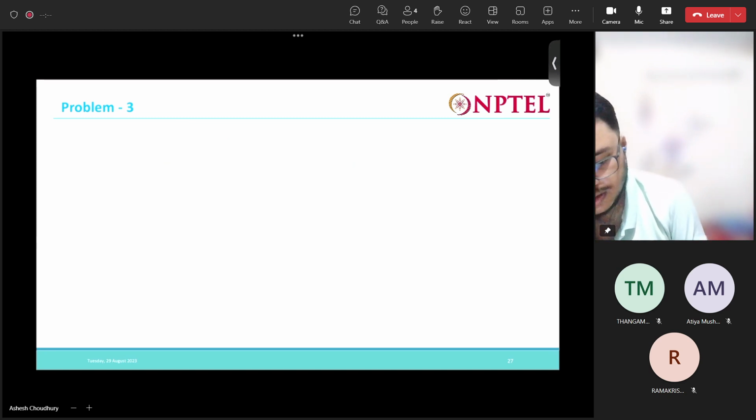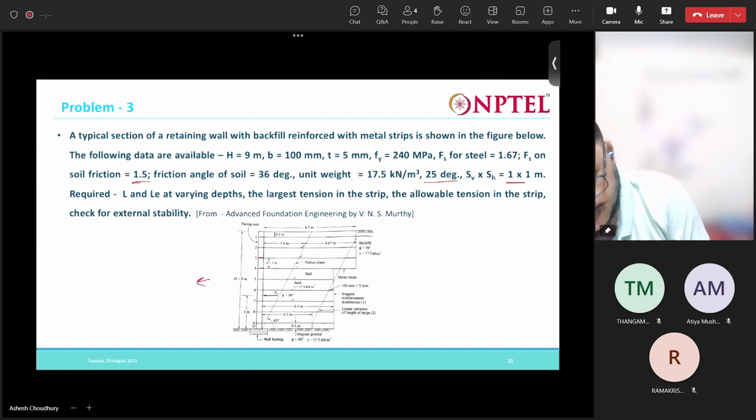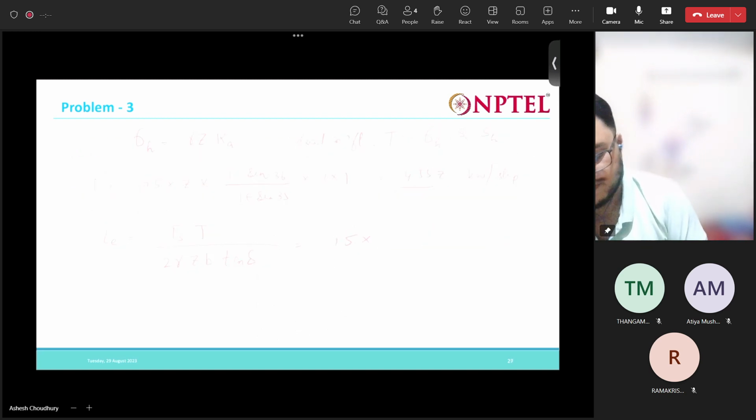Summation Z, you understood. Z means the depth of each layer. So the sum of the depths of each layer times 4.55.